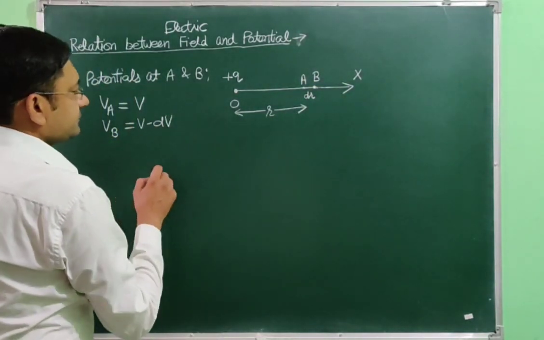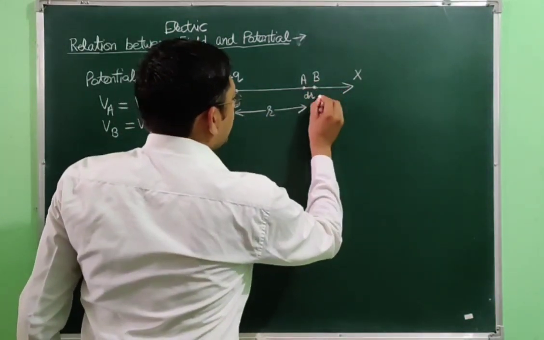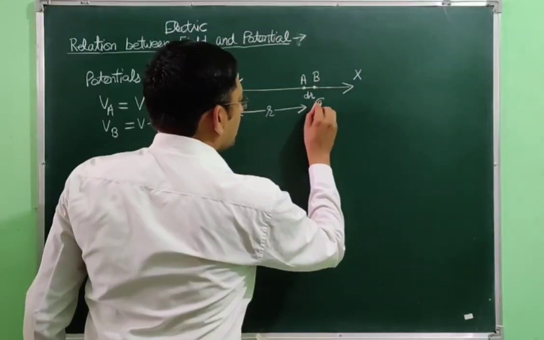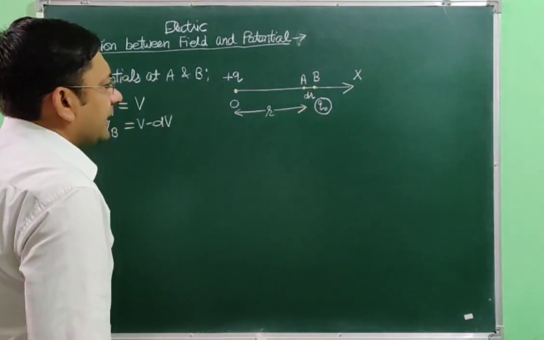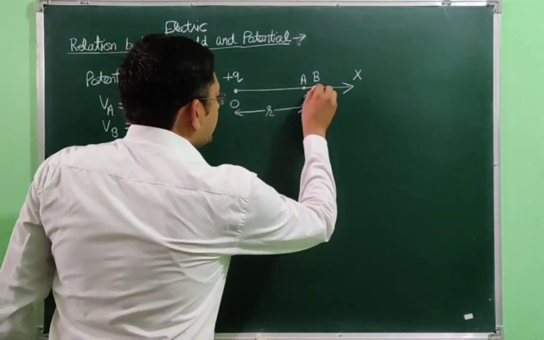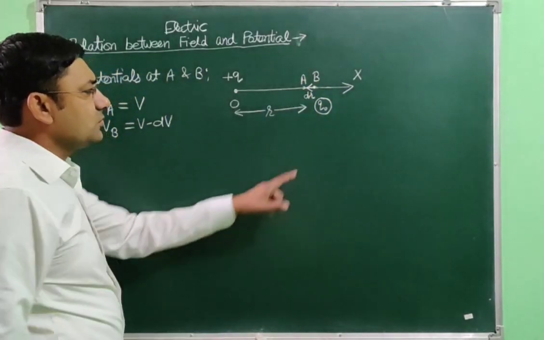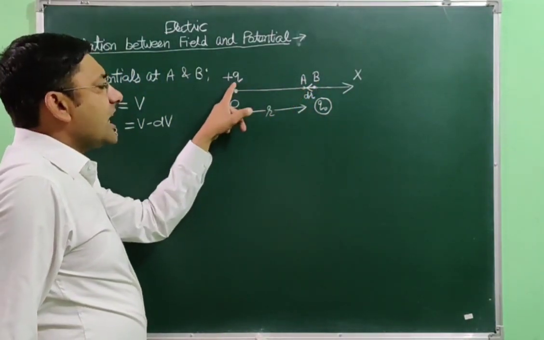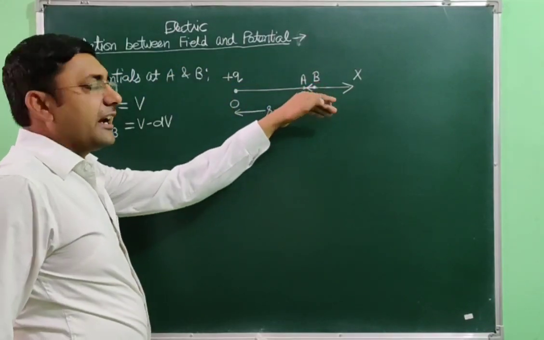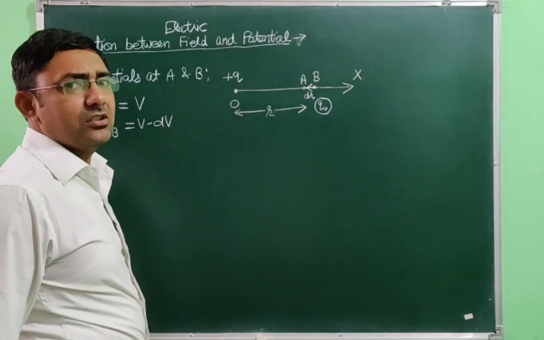So next, suppose at point B I have placed charge Q0. And if I move this charge Q0 from B to A, then this charge will apply a force and we have to do work against this electric force.